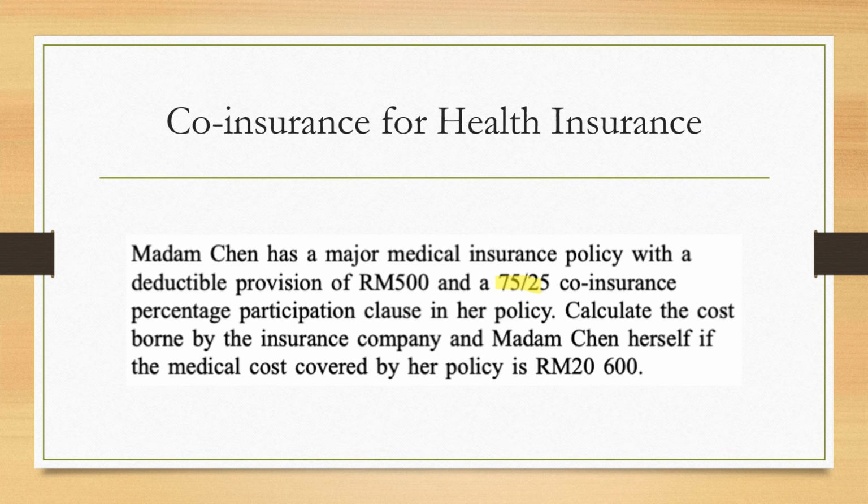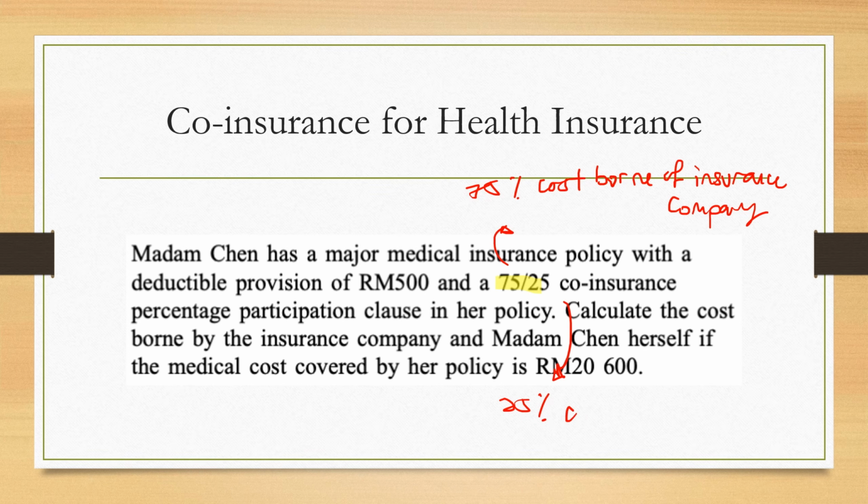This one is actually referring to 75% of the cost borne by the insurance company, and then another 25% would be the cost borne by the policyholder. In this question, who is the policyholder? That would be Madam Chen right here.